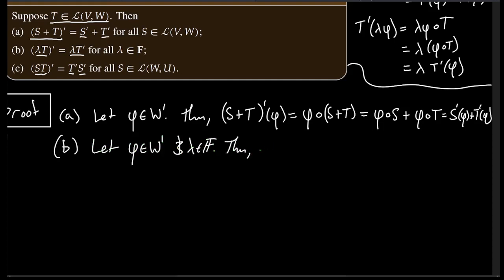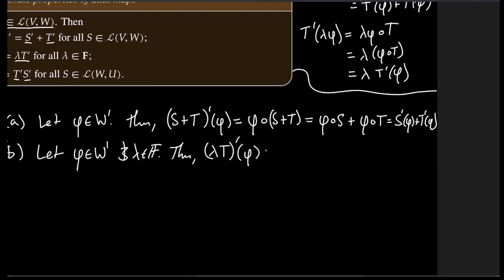Then lambda T prime evaluated at phi is, by definition, phi composed with lambda T. But by the linearity of phi, we can pull that lambda outside: lambda times phi composed with T, which is just lambda T prime of phi.